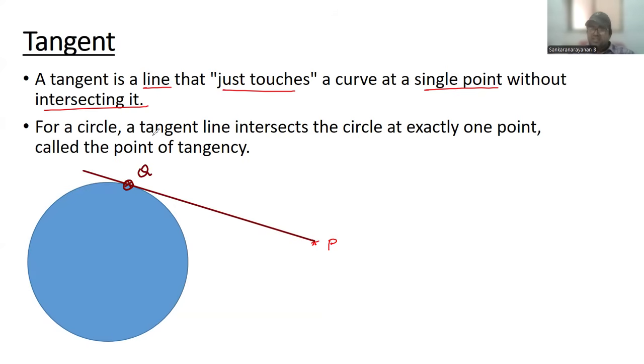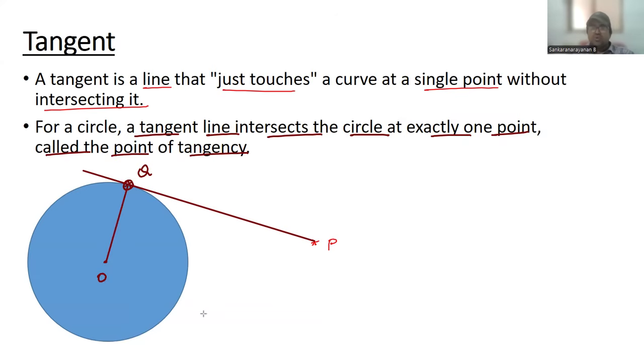Okay. Now for a circle, this tangent line intersects the circle at exactly one point, and that point we call the point of tangency. Now let me consider this circle, where O is the center. If I consider OQ, OQ will be the radius of the circle, right?